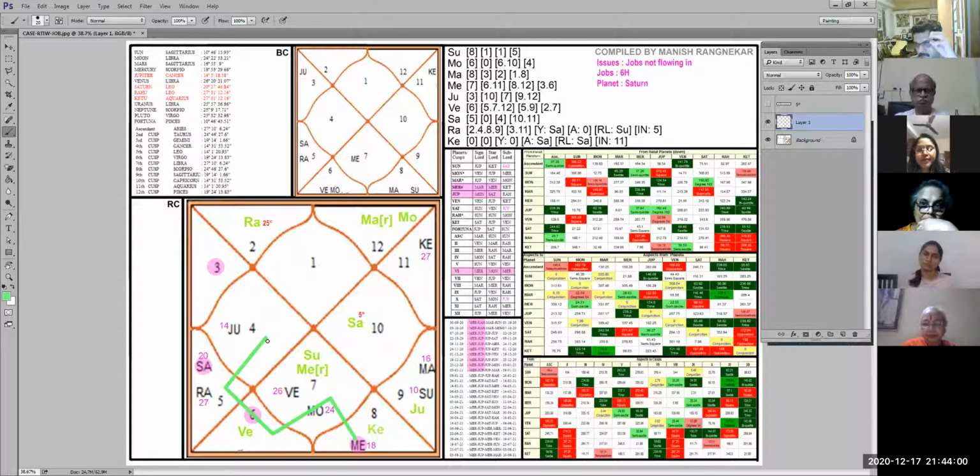My Hindi may be bad, but understand the concept. From here it will hit at 120.